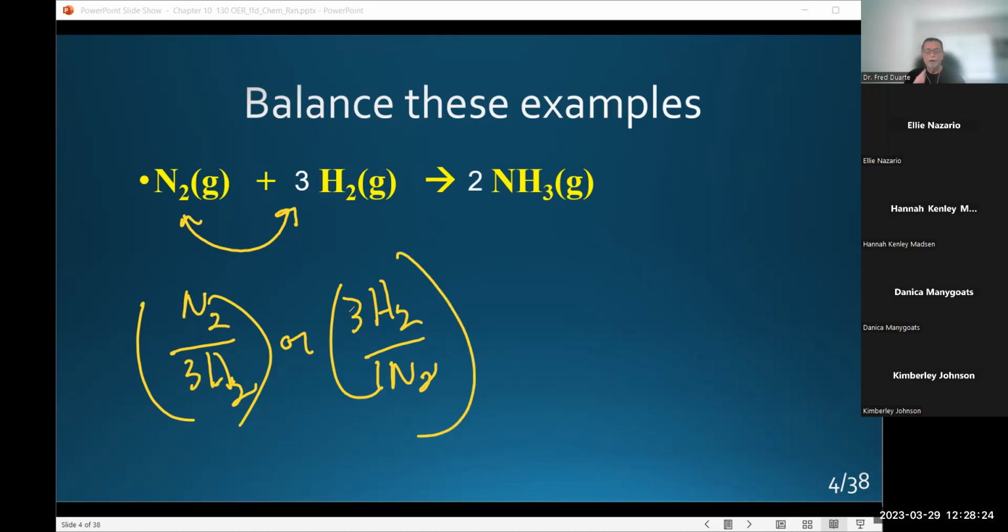But we also have the relationship between hydrogen and the product, which is a 3 to 2 ratio, and the relationship between nitrogen and the product, which is a 1 to 2. So again, we have a total of 6 ratios that we utilize as needed.